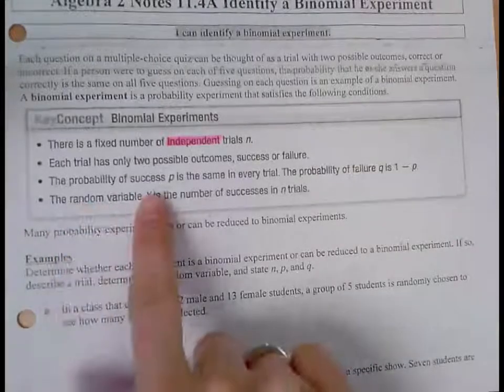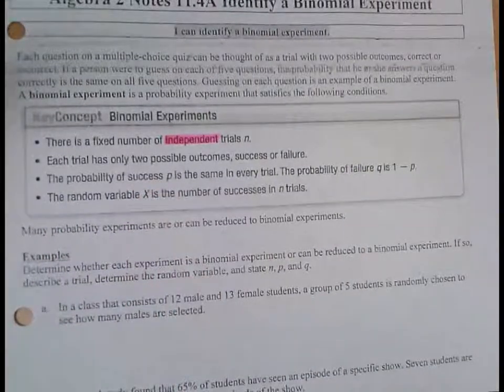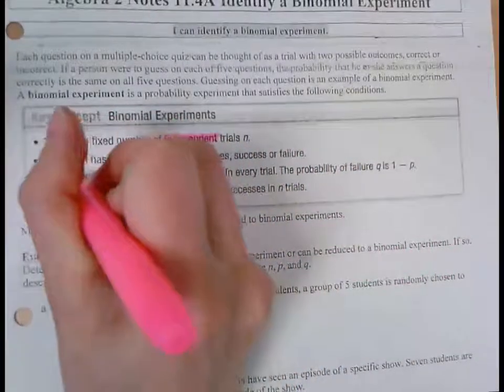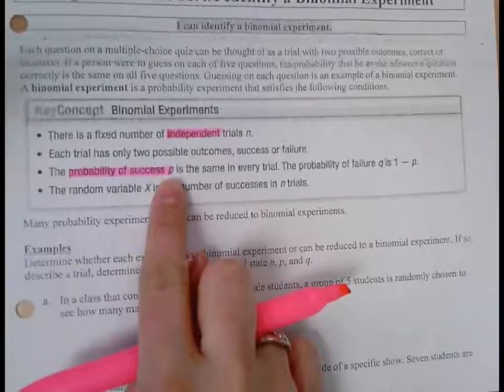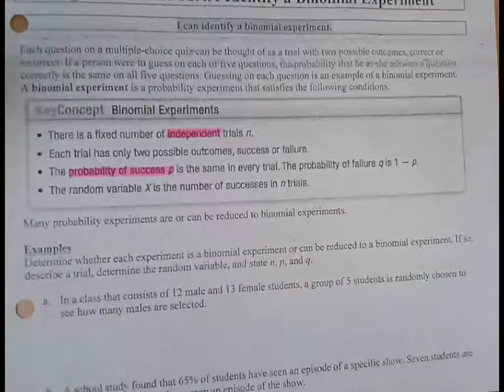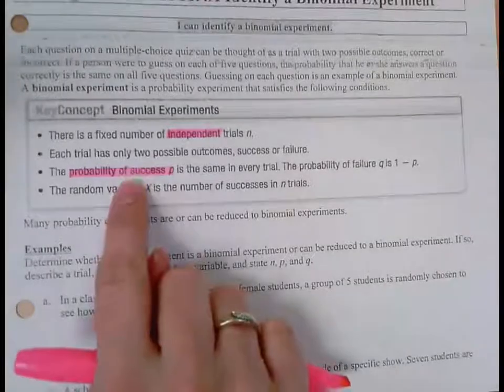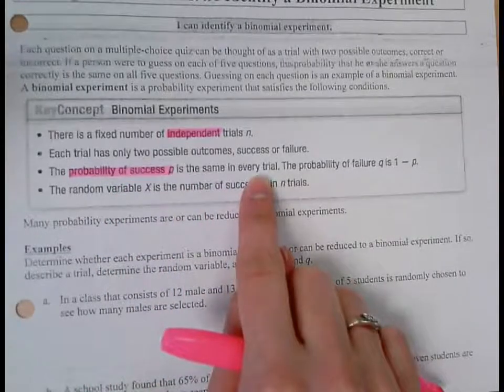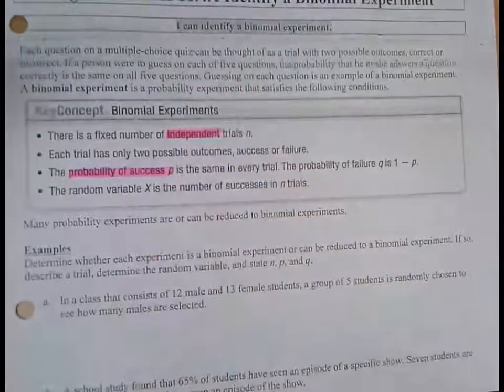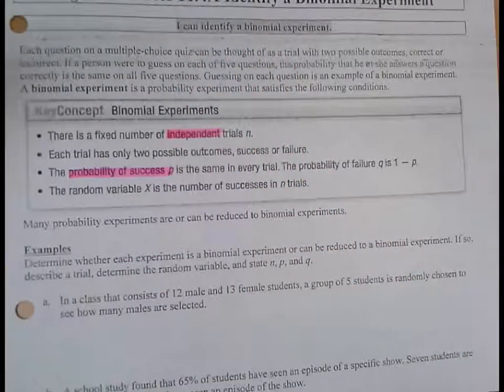The probability of success is always notated with the lowercase p. So if you see p, that's talking about the probability of a success in a binomial experiment. And that probability of success is the same in every trial. Like I explained above, the probability that I'm going to get the first multiple choice question correct is the same as the probability I would get the second one correct.